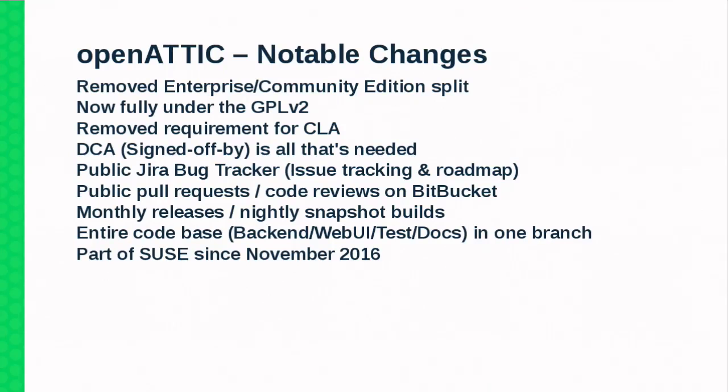I think it's DCO, I'm not sure, but it's the process that's used by the Linux kernel and many other projects nowadays, where you basically agree to a single page of terms by just adding a signed-off-by line to your commit message. That's all that we need.